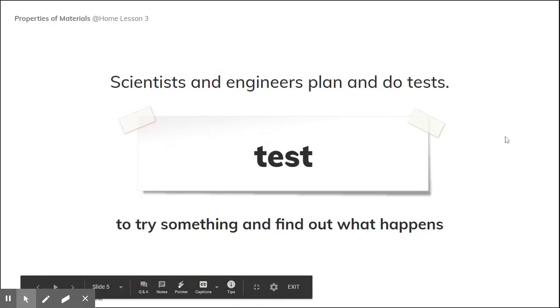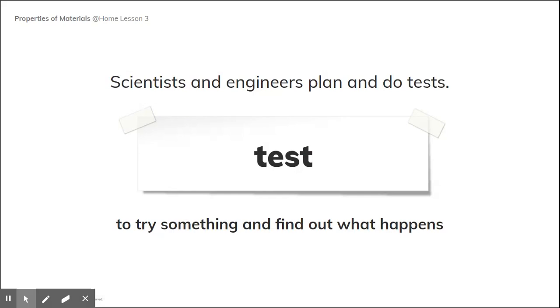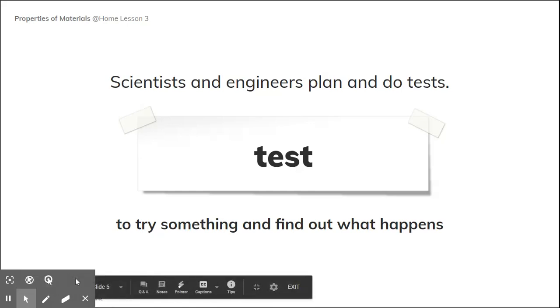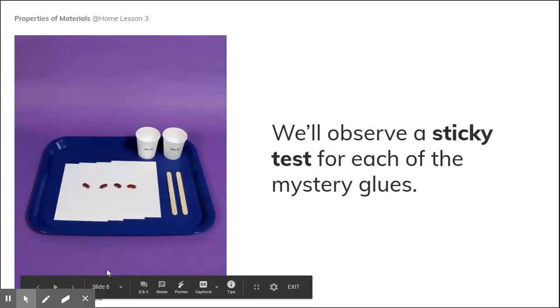Scientists and engineers plan and do tests to try things and find out what's happening. So a test or an experiment. We're going to observe a sticky test for each of the mystery glues.